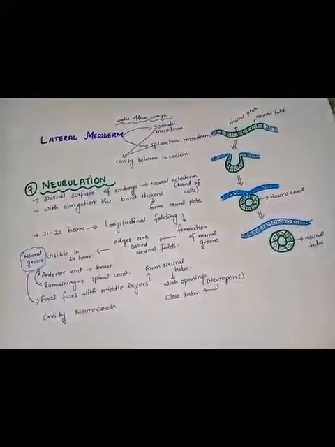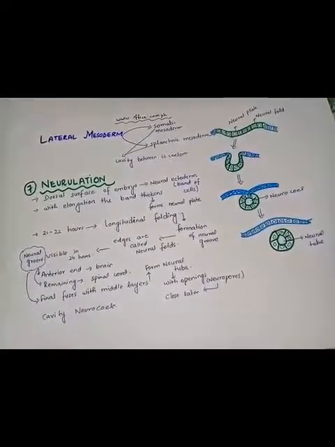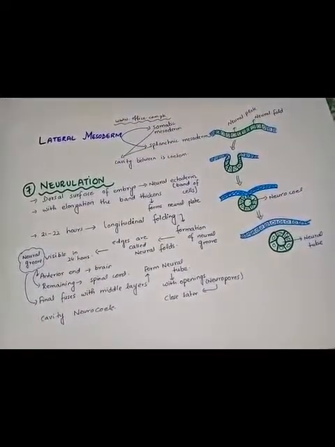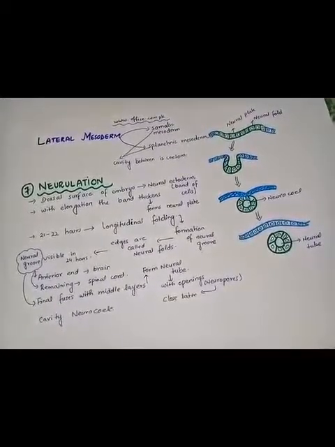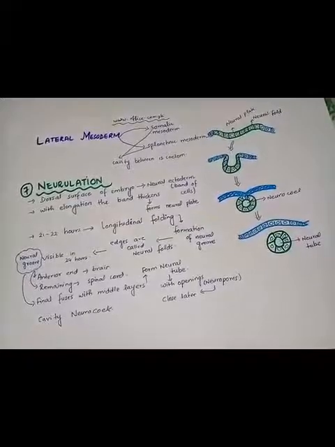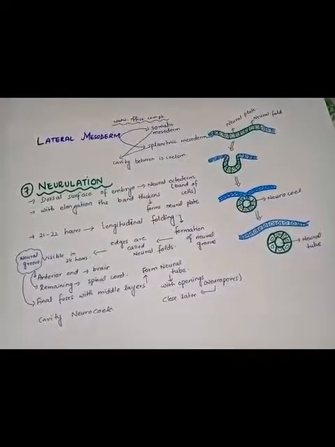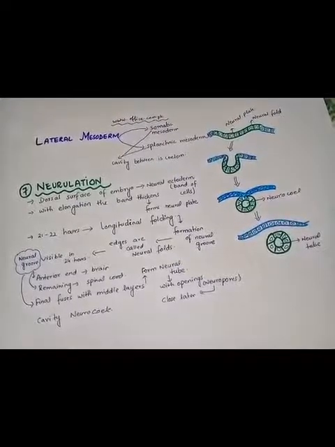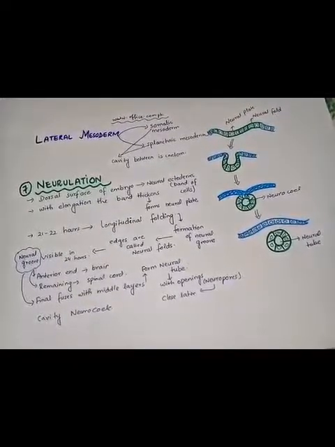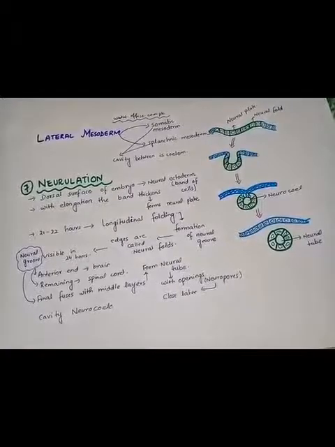Dear students, you must keep in mind that all the stages of development are common, with slight similarities and differences, in all the animals, especially the animals which reproduce through the sexual method. Dear students, that is all about today's lecture.